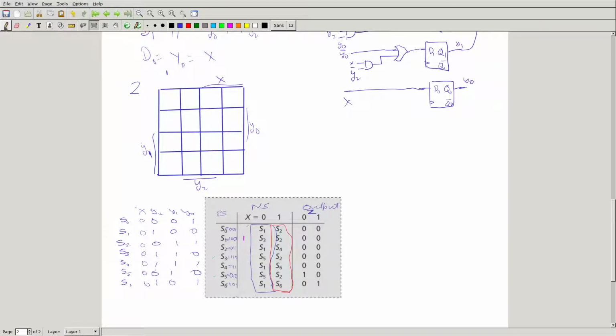Now we can write, let's number the minterms.